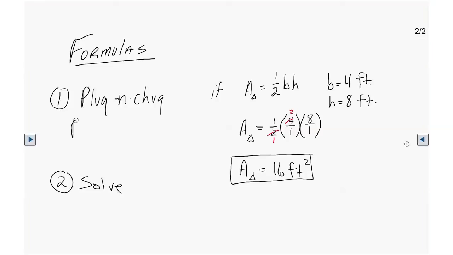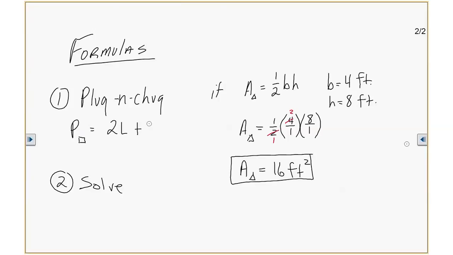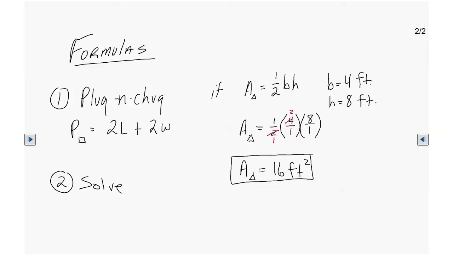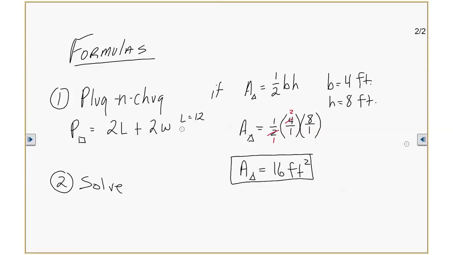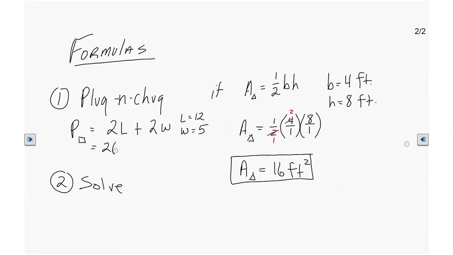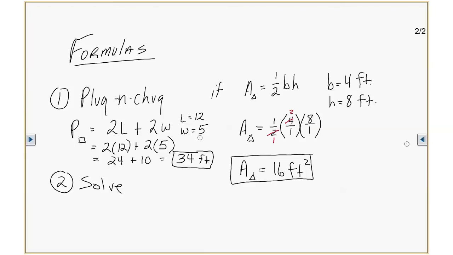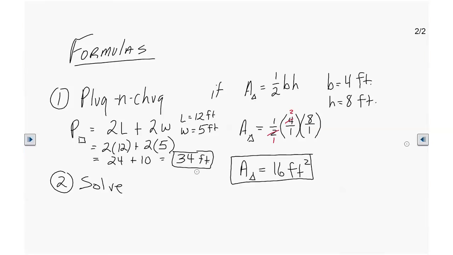Perimeter of a rectangle is equal to 2L plus 2W. L is equal to 12. W is equal to 5. And we plug and chug. 2 times 12 plus 2 times 5. 24 plus 10 is equal to what? 34, and if this is feet, this is feet.